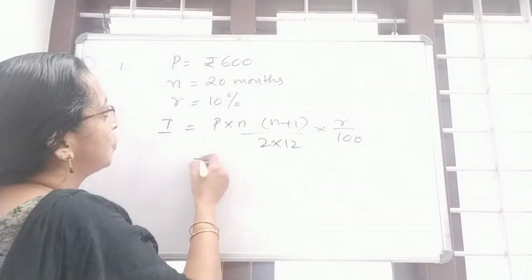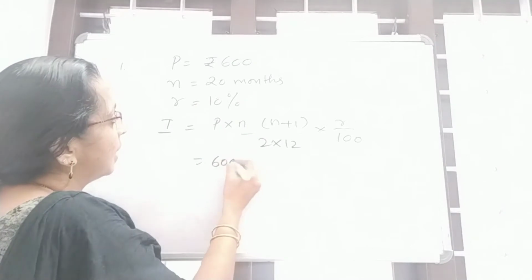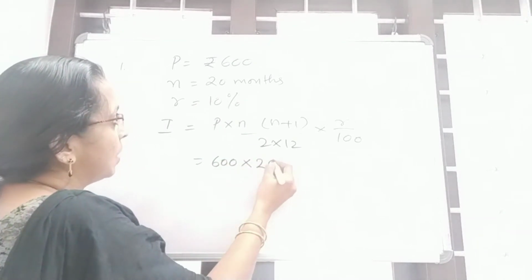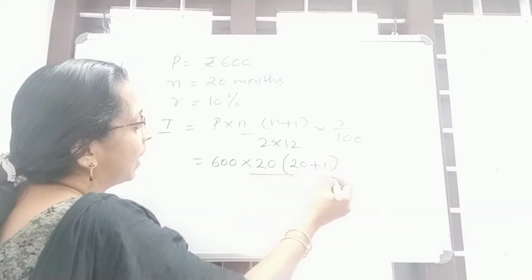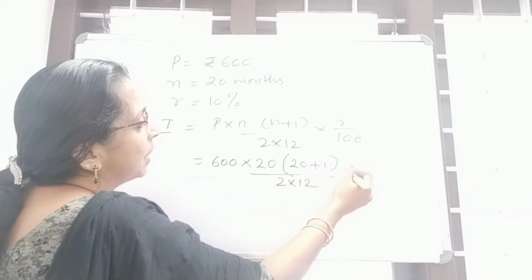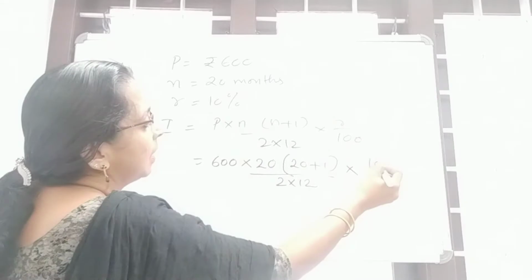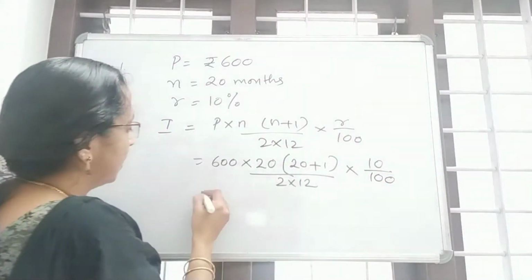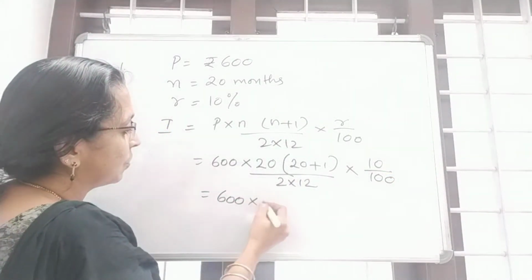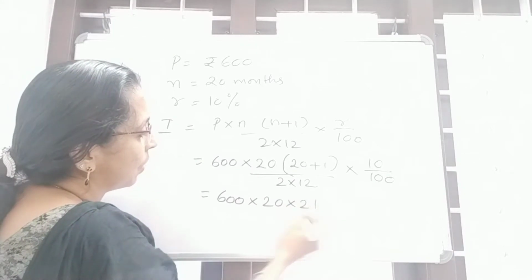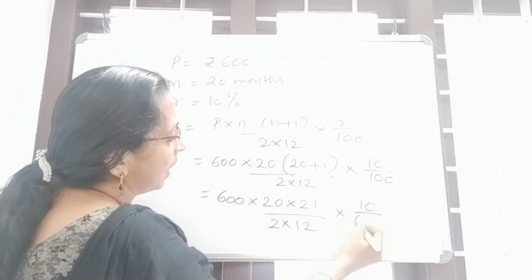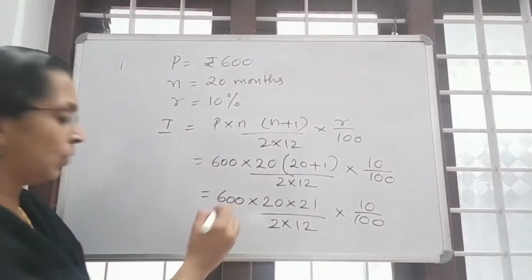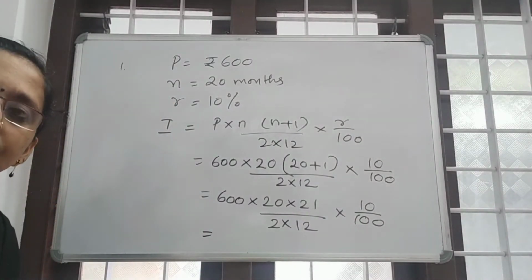So P is 600, N is 20, N plus 1 means 20 plus 1, divided by 2 into 12, into R is 10, 10 by 100. That is 600 into 20 into 21 divided by 2 into 12 into 10 by 100.